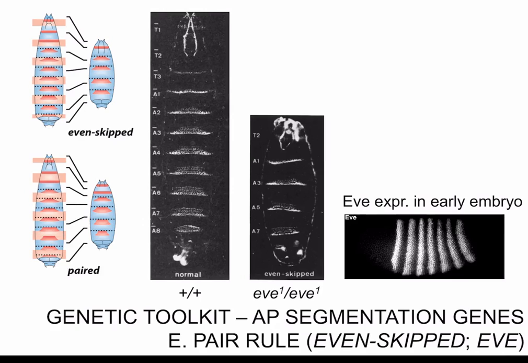A third kind of mutant that was observed in this mutant screen had alternate segments missing. For example, if you look at this mutant called even skipped, it has the first thoracic segment, the third thoracic segment, A2, A4, A6, and A8 missing from the embryo.